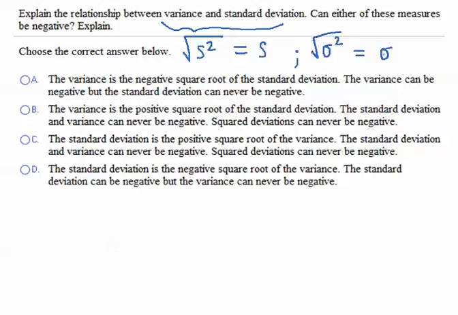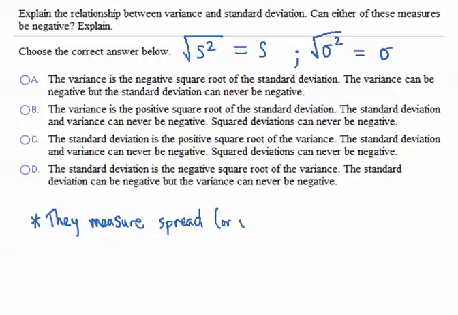That is a whole bunch of pushing around symbols, right? Not really the meaning. So let's go back to their meaning. Both of them measure spread. So they measure spread, or in other words, variation of the data.